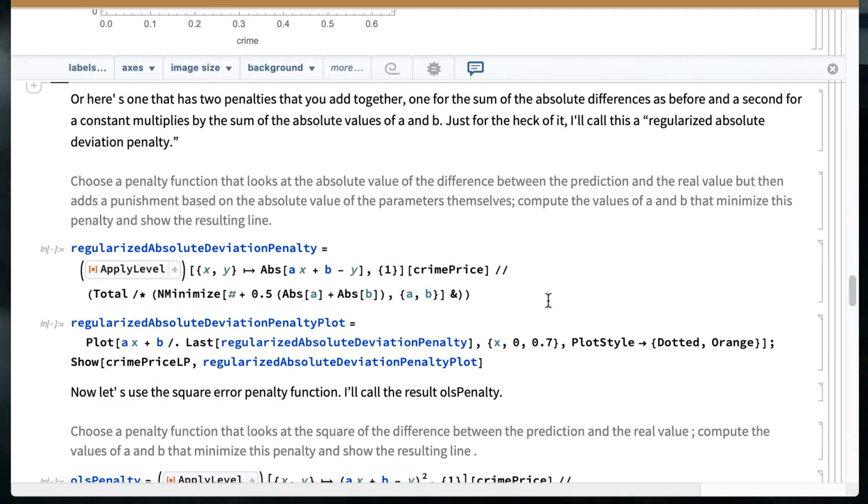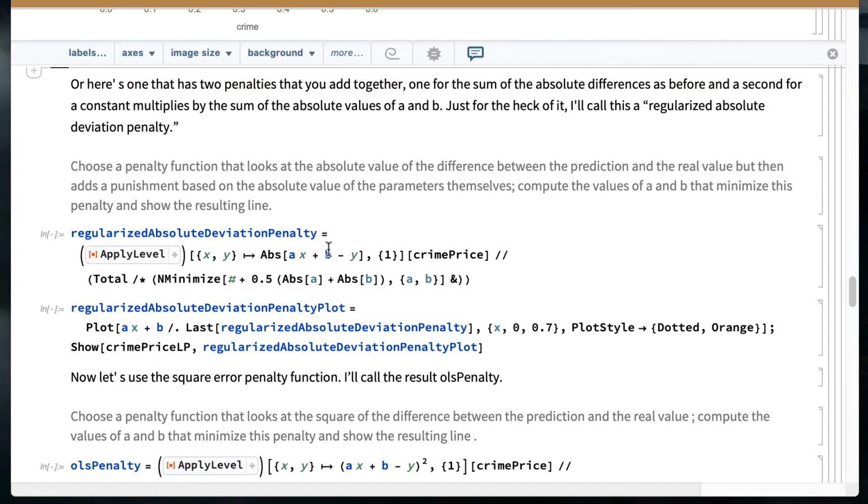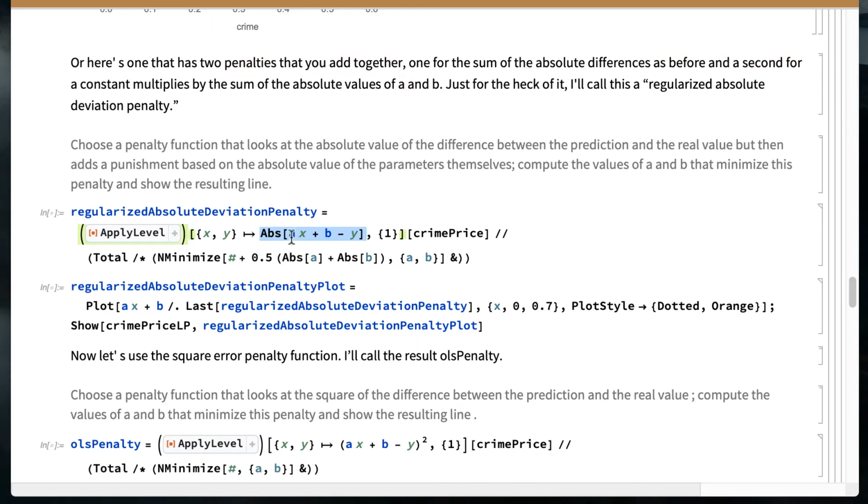Here's another penalty. Here what we're going to do is we're going to take those absolute values of the differences between our prediction and actuality. We'll go through the same thing as we did, but now we're going to have an additional penalty, a bonus penalty, that depends on the size of A and B. The bigger A and B are, the less we like the result.